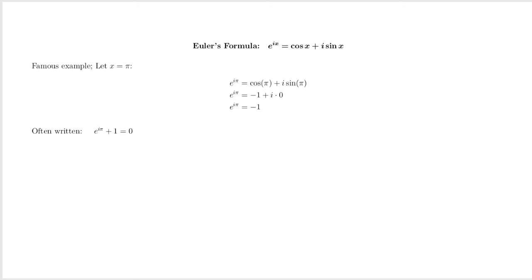And the reason that people like to write it that way is because it can be argued that this is an equation that relates the 5 most important constants in mathematics. 0, the additive identity; 1, the multiplicative identity; e, incredibly important in calculus; pi, the ratio of the circumference of a circle to its diameter; and i, the imaginary unit, the square root of -1. This little beauty tells us that they are all related in precisely this way.